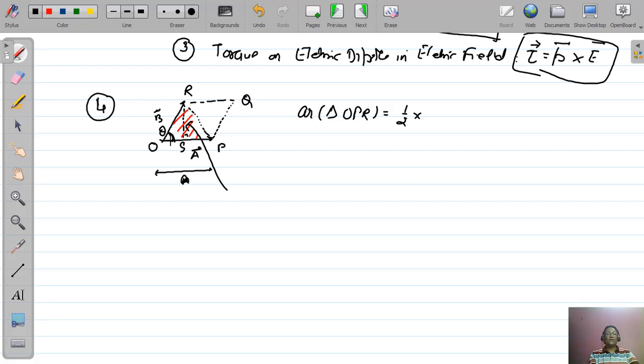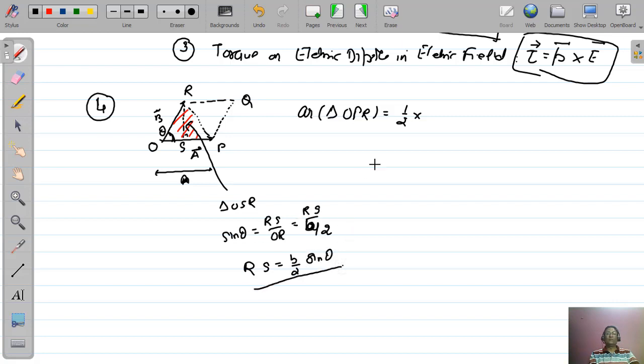So using trigonometry in this right angle triangle OSR, we can write sine theta equal to RS by OR, perpendicular over hypotenuse. RS we have to find, and OR is B. So RS equal to B sine theta.